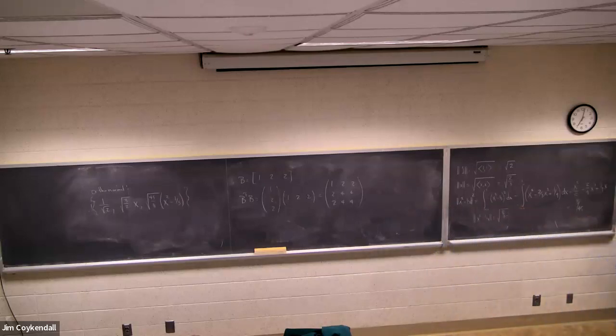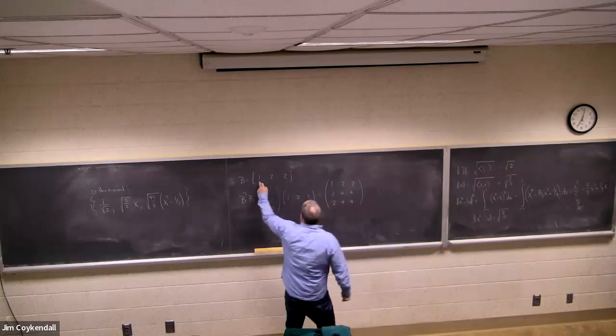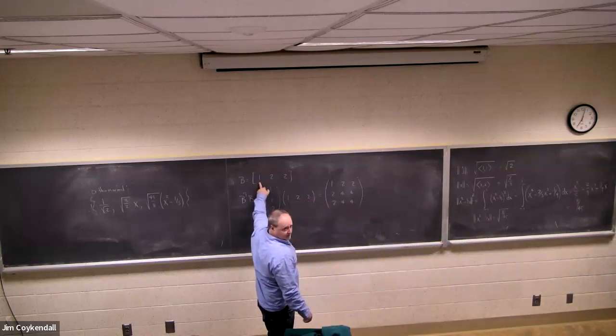Now, I'll make a couple of observations before I even get started. The first is, this can only have one non-zero eigenvalue, right? Because for the singular values, there's only room for one non-zero.